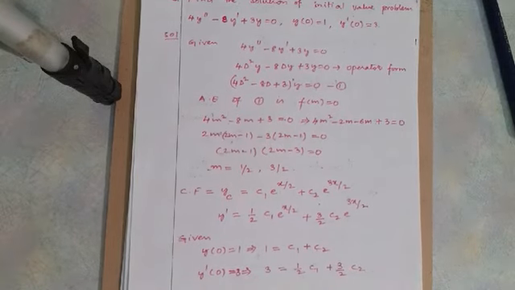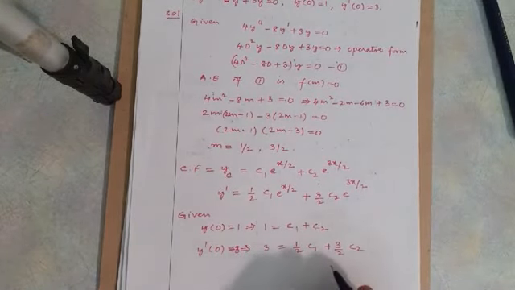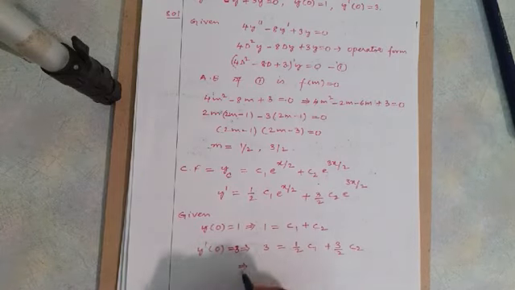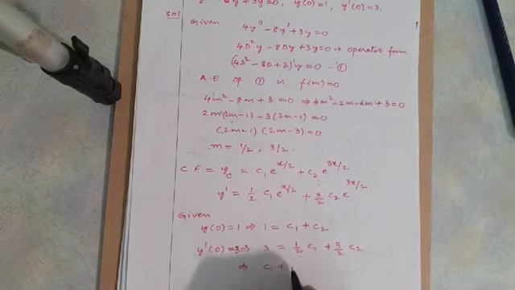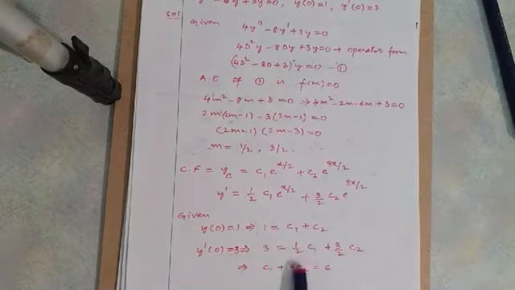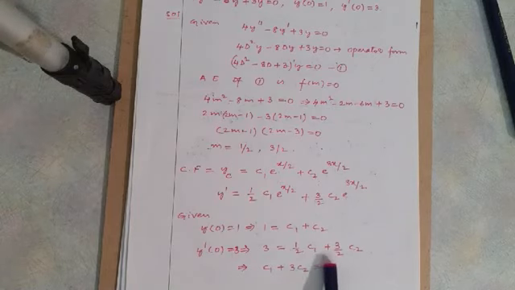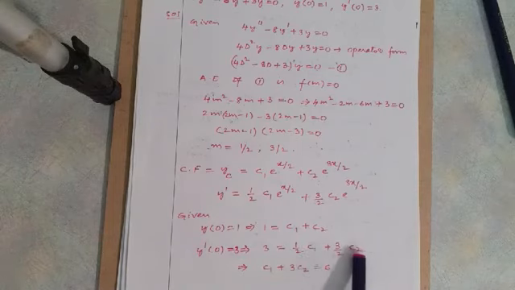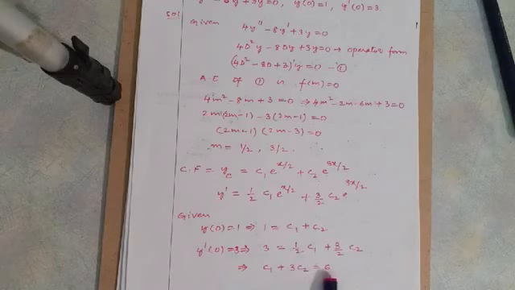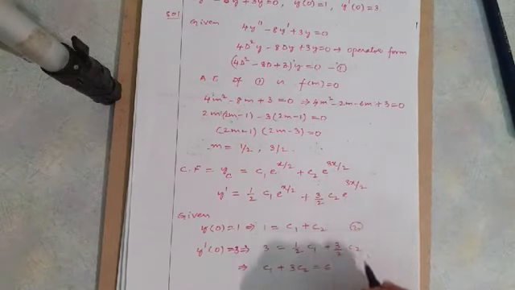Okay, so now when you simplify this, you get c1 + 3c2 = 6, because here you can see the LCM is 2, so this 2 goes to the other side and that becomes 3 into 2 is 6. You can give this as equation 2 and this as 3.